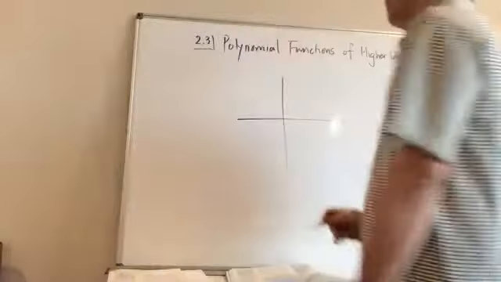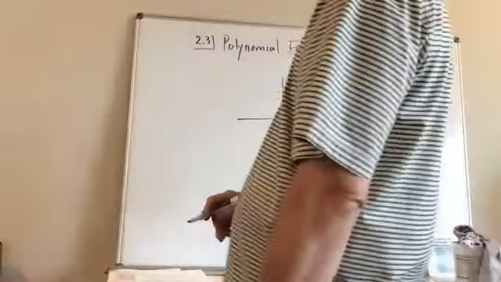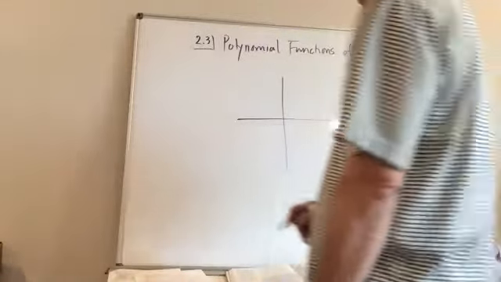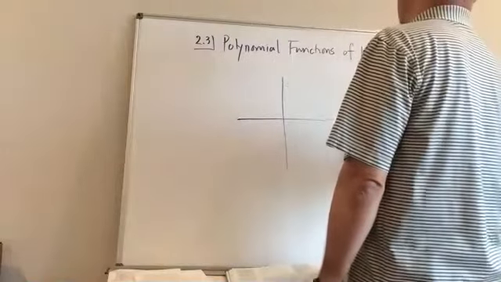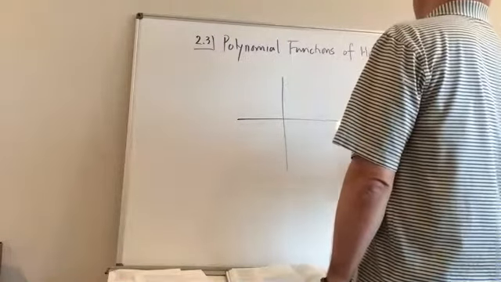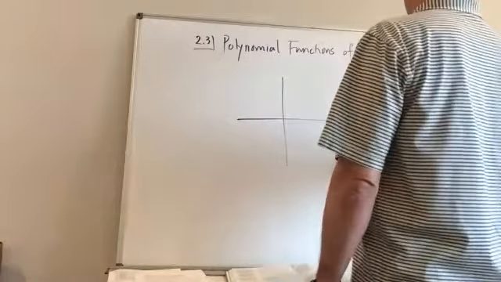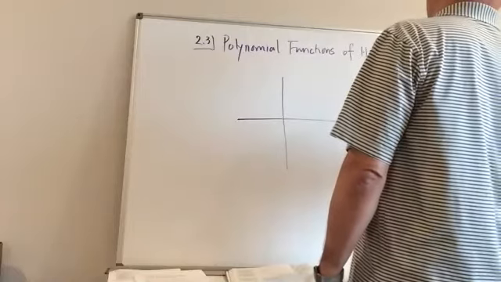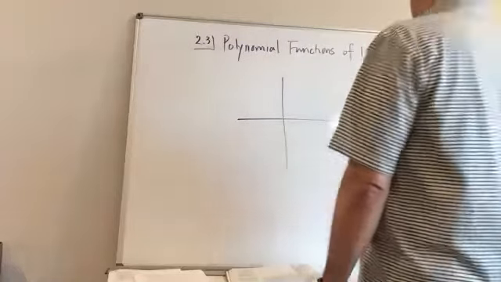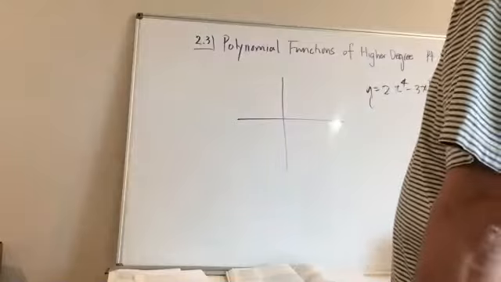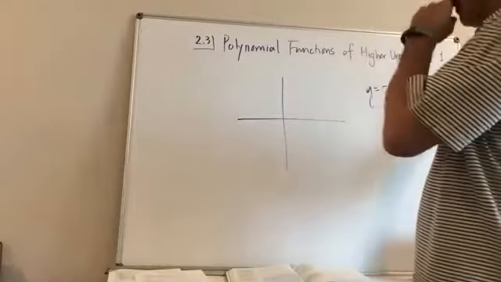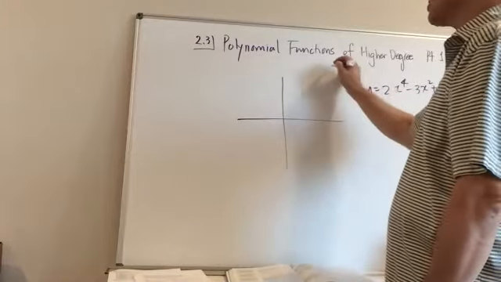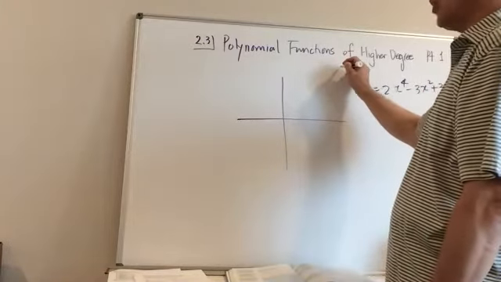If I have a polynomial of an even degree, and the leading coefficient is positive, like this, and I wanted to graph this, if the leading coefficient is positive, I'm always going to start in this quadrant, up in this corner.